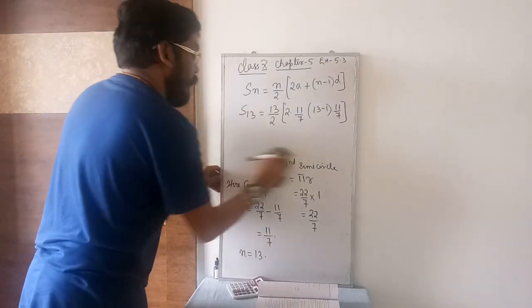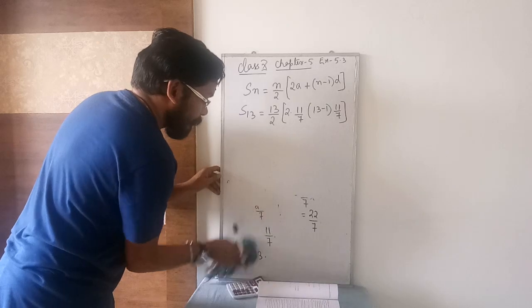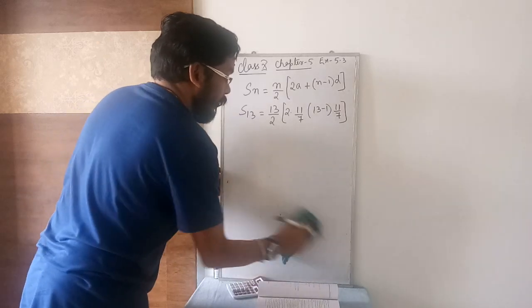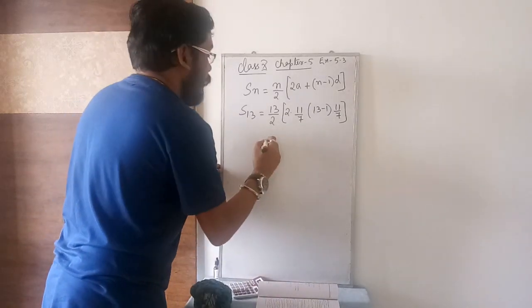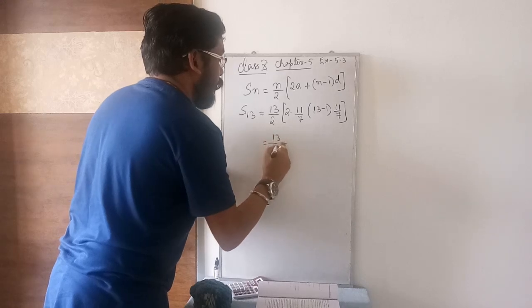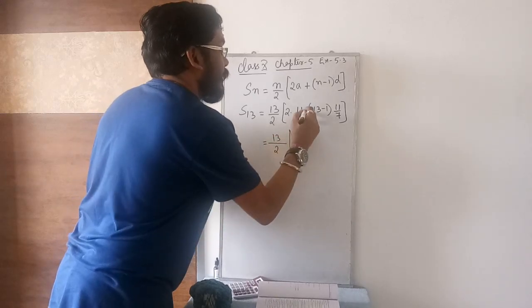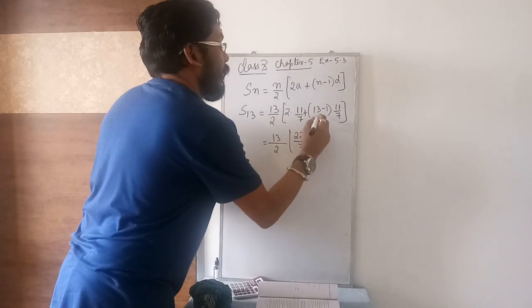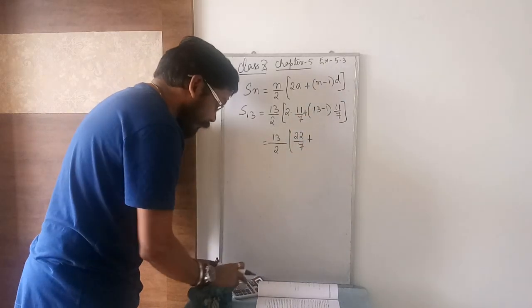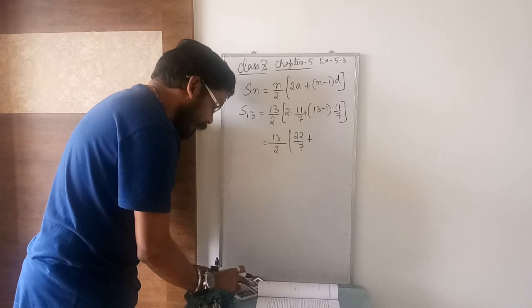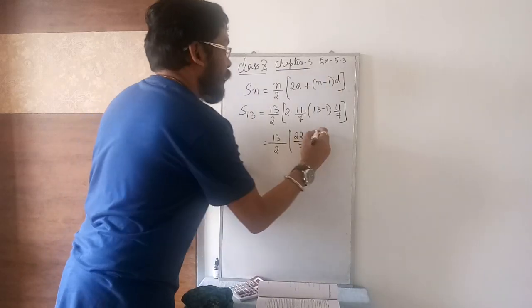Okay, so let me do the simplification. So what you will get here? 13/2 into 22/7, plus 13 minus 1 which is 12, into 11, you will get 132/7.